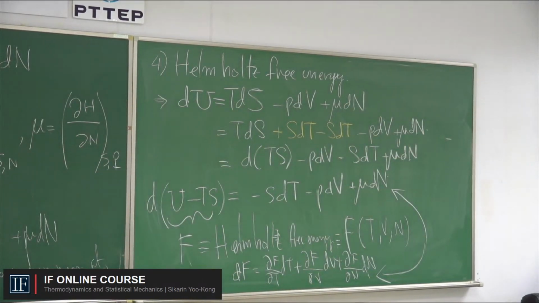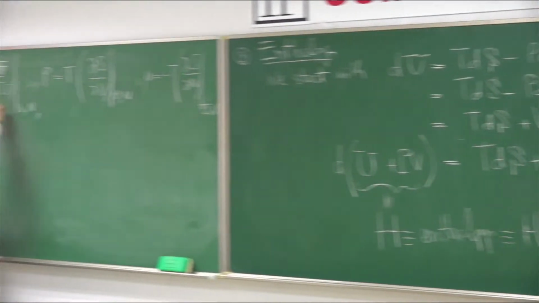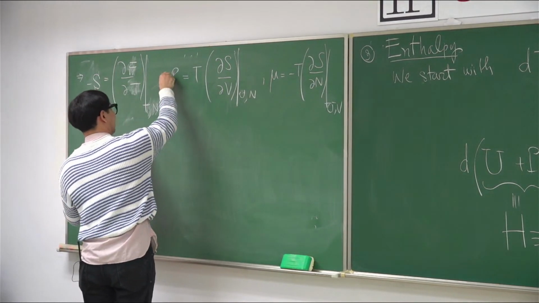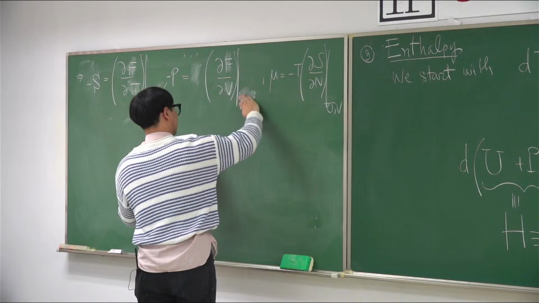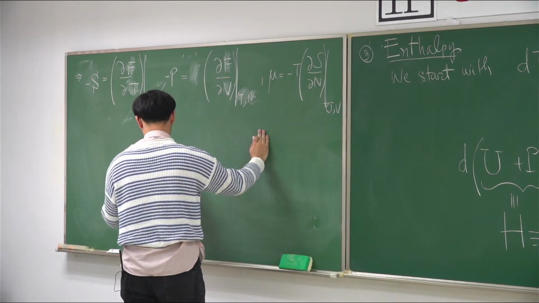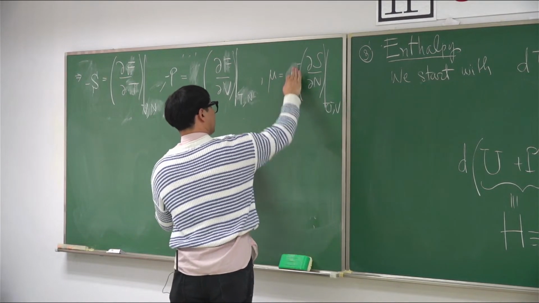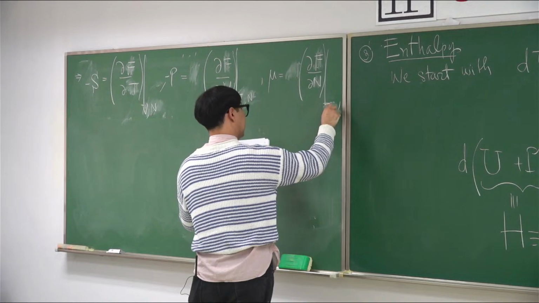So what you have is that you're going to have this, F T, minus F V, and this is T, and this is mu, which is S and N, of course, and then this is going to be T and V.